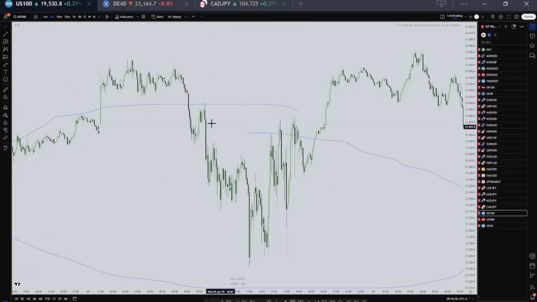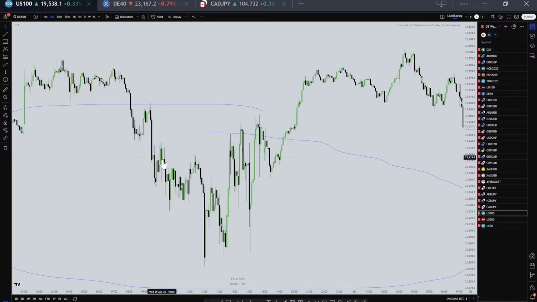Yeah, we had some moves, but not big. We had a little drop last time. Yeah, it looks very ugly, the NASDAQ chart. Perhaps they want to push everyone back to US 100.